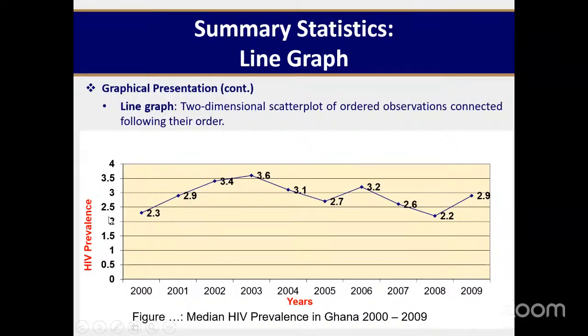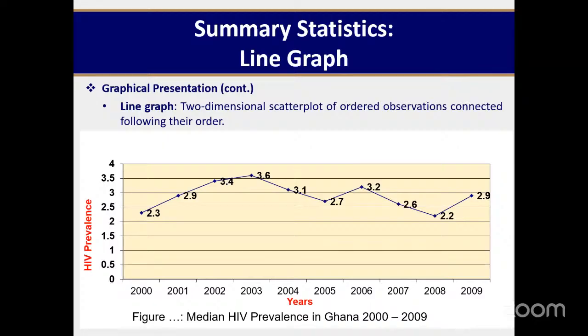And then on the y-axis is the HIV prevalence. So in the year 2000, the HIV prevalence was estimated to be 2.3, 2.9. So it was increasing. Of course, we could have represented this in a tabular form.